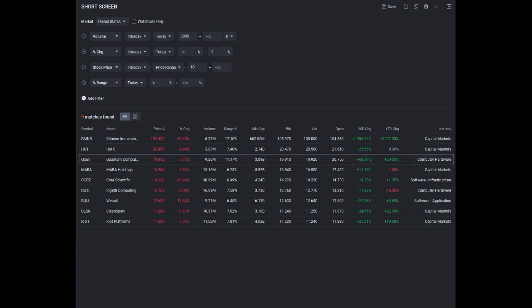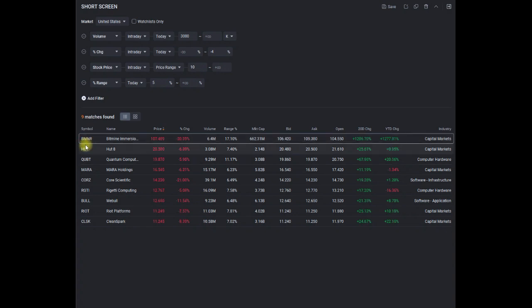Is it? No, not shortable. And AGUT is shortable. Okay, and of course BMNR is not shortable, we knew that, and it's down 20%. Anyway, from this list we already have 3 or 4 immediate candidates.